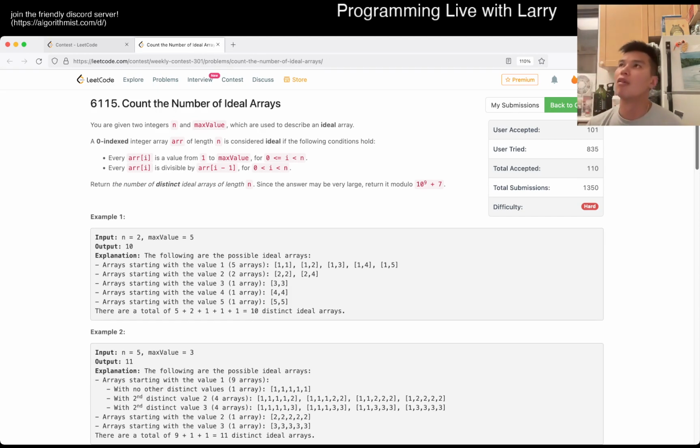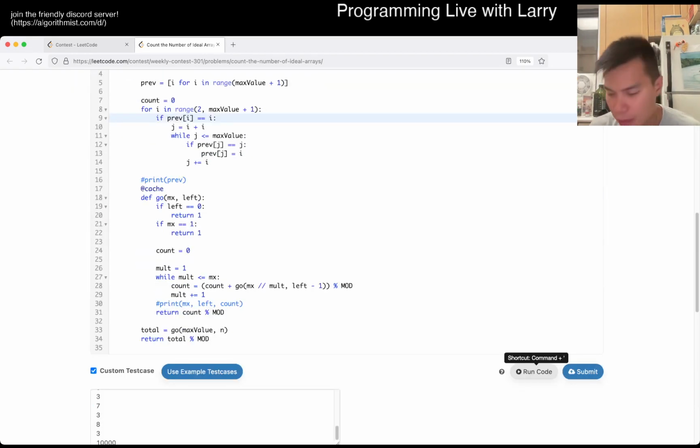Because then now. I think there's a slight optimization that I can do here, but I still cannot get over it.